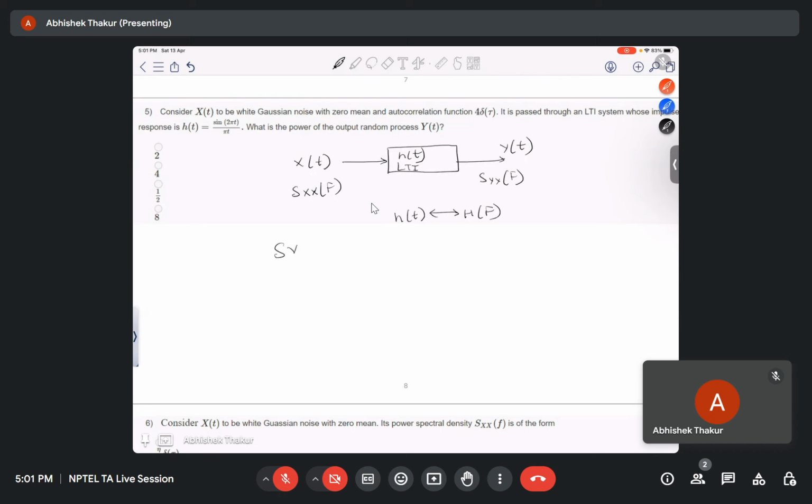So here S_yy(f) is equal to S_xx(f) into magnitude of H(f) squared. Now we'll solve this question based on this, and this is the output PSD.